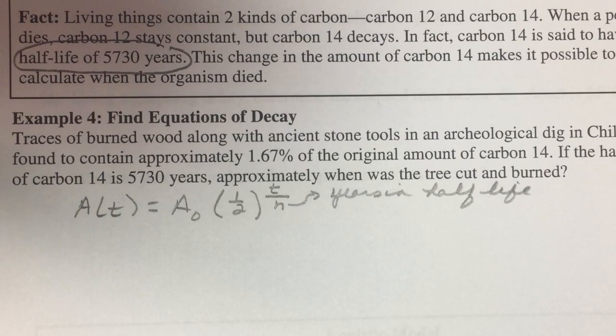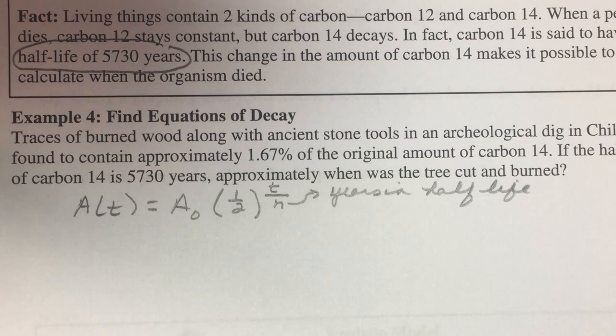So if we read the problem, it says traces of burned wood along with ancient stone tools in an archaeological dig in Chile were found to contain approximately 1.67% of the original amount of carbon-14. If the half-life of carbon-14 is 5,730 years, approximately when was the tree cut and burned? So we're looking for time.